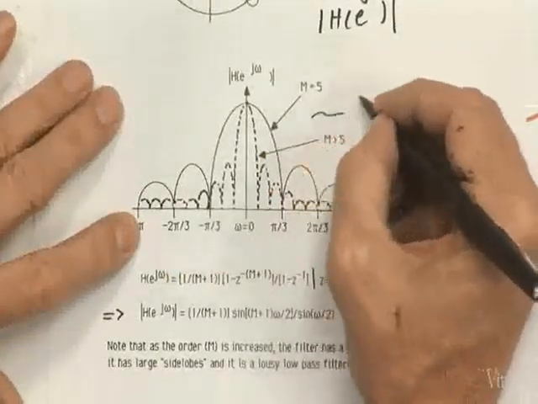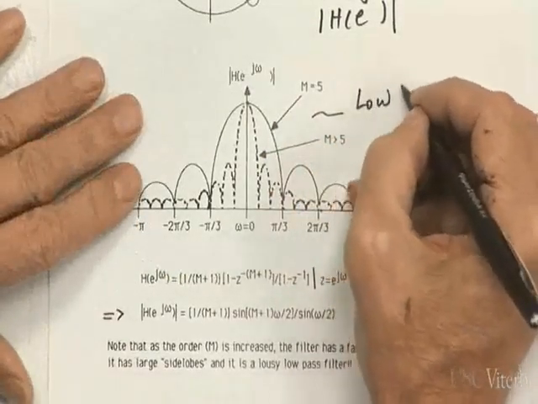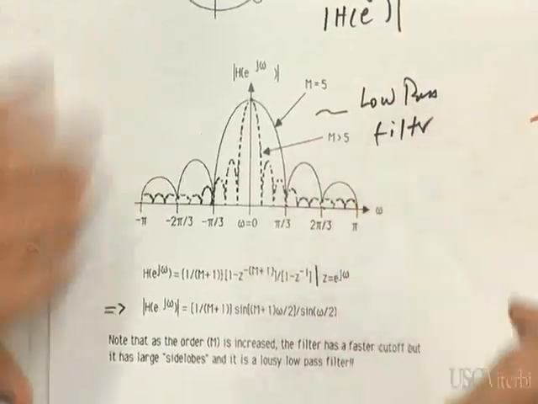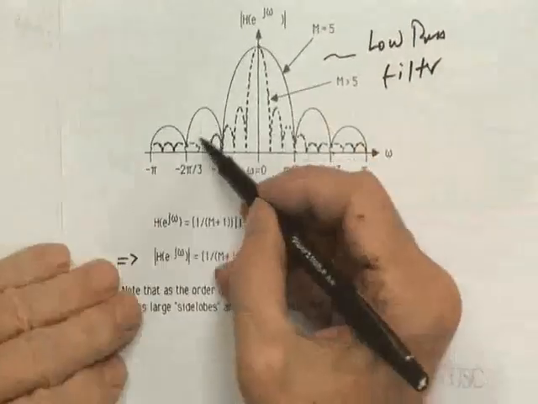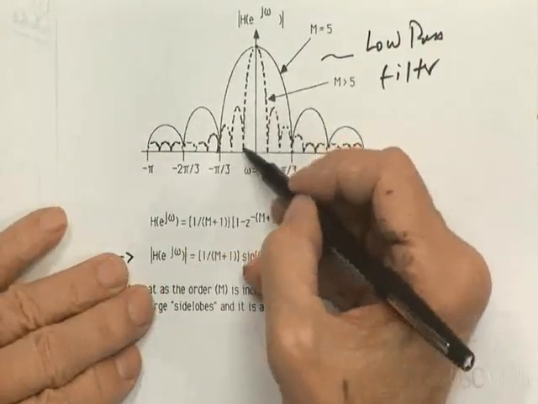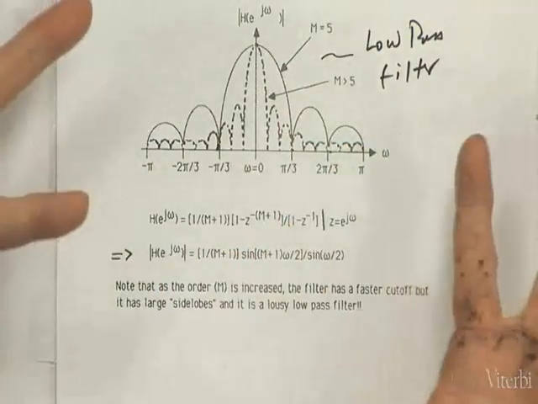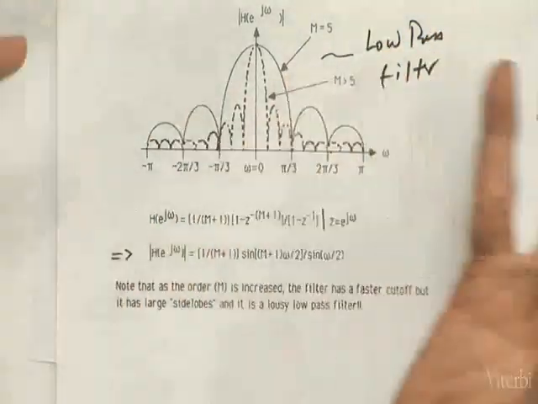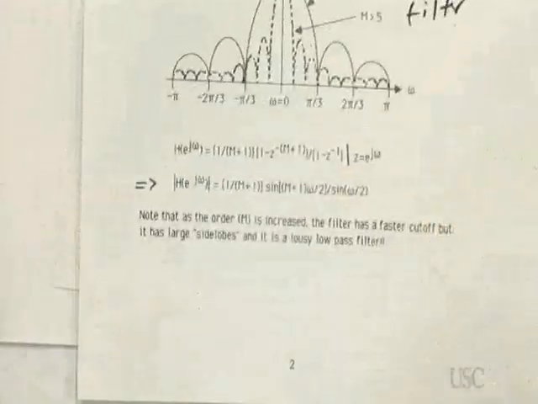It's not a great one, but it is a low-pass filter. What happens if you increase M? You get a lot more of these nulls, but you get a sharper peak at omega equals 0. Shouldn't be surprising. As you add more and more samples in your running average, you get a smoother estimate. More low-pass filtering, see?